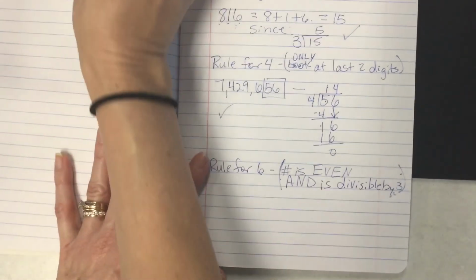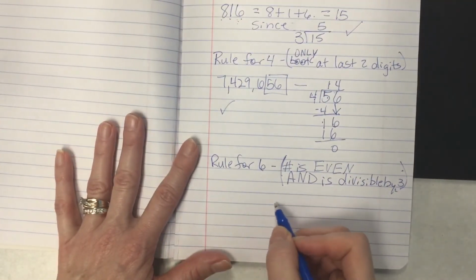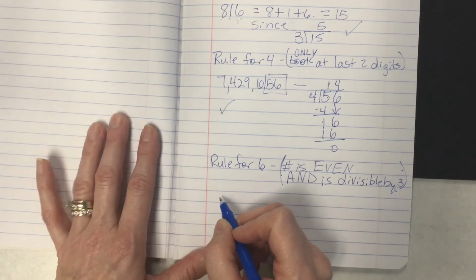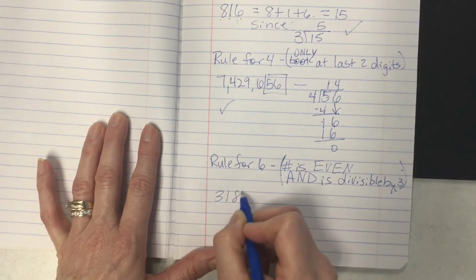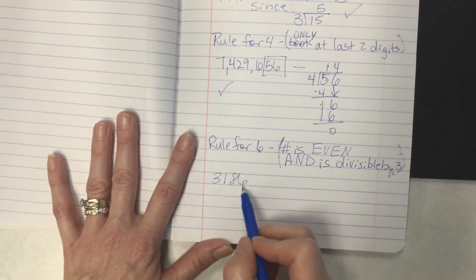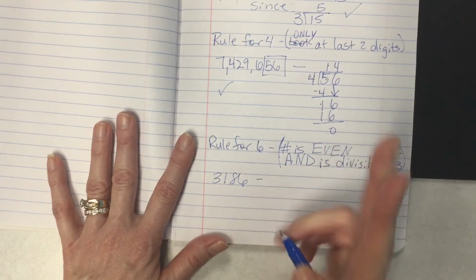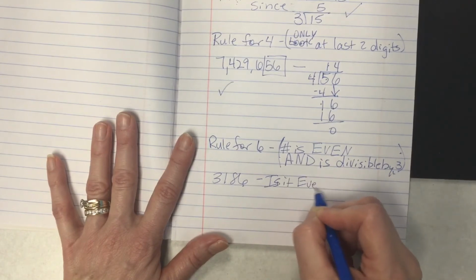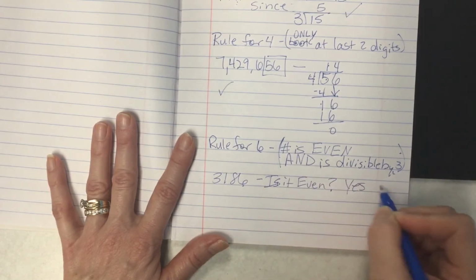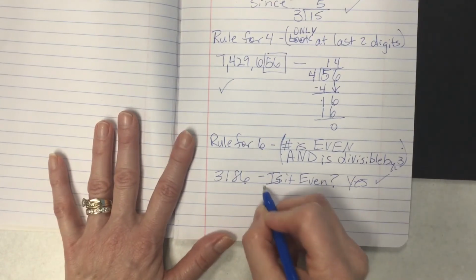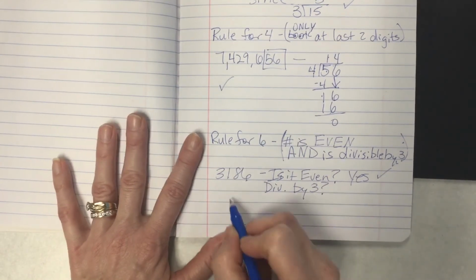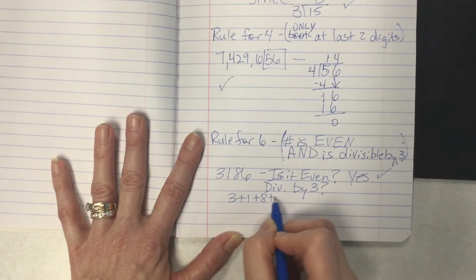I'm going to give you 2 examples this time. Let's say we have 3, 1, 8, 6. It's an even number, right? So then I ask myself 2 questions. 1, is it even? Yes. Is it divisible by 3? Let's find out. 3 plus 1 plus 8 plus 6.